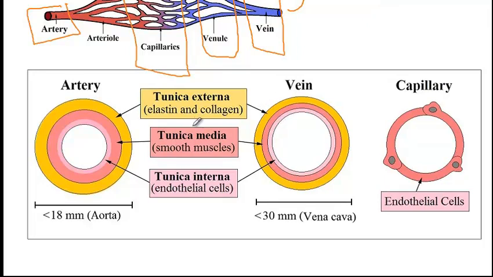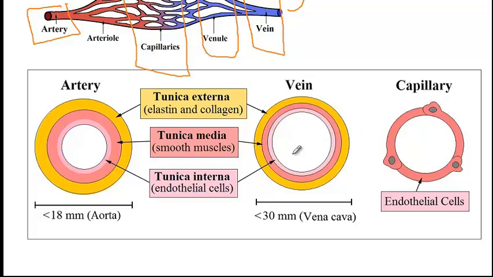Now let's go over the actual structure of every one of these vessels. So the veins and the arteries both have three different layers, starting with the tunica interna, which is made of endothelial cells. And these endothelial cells line the lumen of the vein, artery, as well as the capillary. So endothelial cells are found in all three types of vessels.